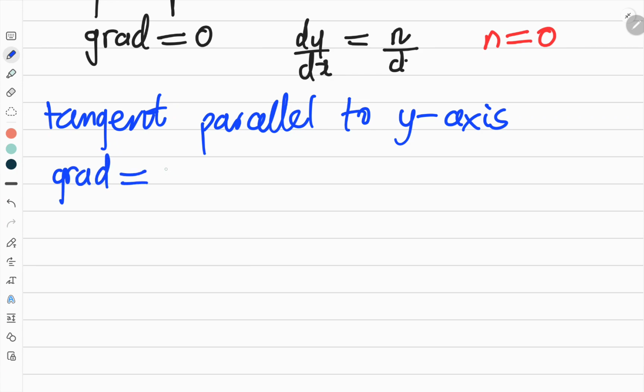The gradient is equal to infinity because the y-axis is a vertical line, and of course, in the case that probably your dy dx is in fractional form, numerator over denominator, then that could imply your denominator is equivalent to 0, so that it can be equated to infinity. So those are the basics. Now it's time to jump onto some questions.